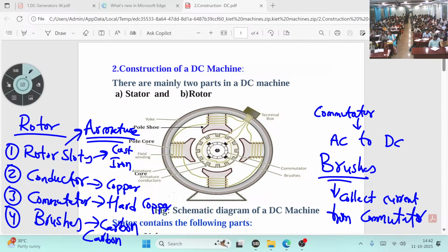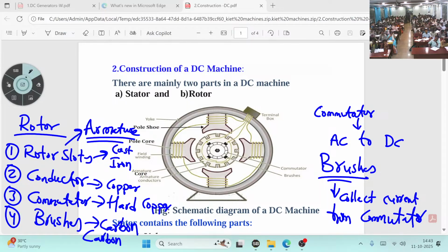What is the meaning of winding? A group of conductors wound in a specific way. Conductors are available here, which is why two windings are available in the DC generator: the field winding and the armature winding.